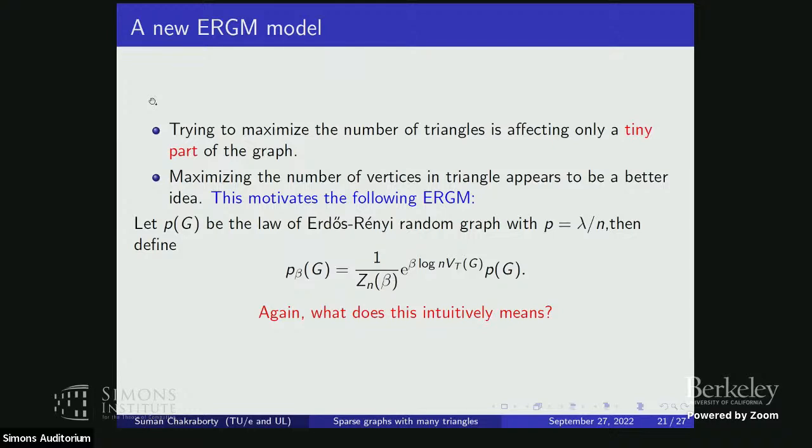That is why it is log n. So this is the correct scaling. Sorry, it's log n with parentheses around it. Yes, log n is a quantity. Here is a parenthesis. The number of vertices in triangles is not inside the log. So the model is clear, right?